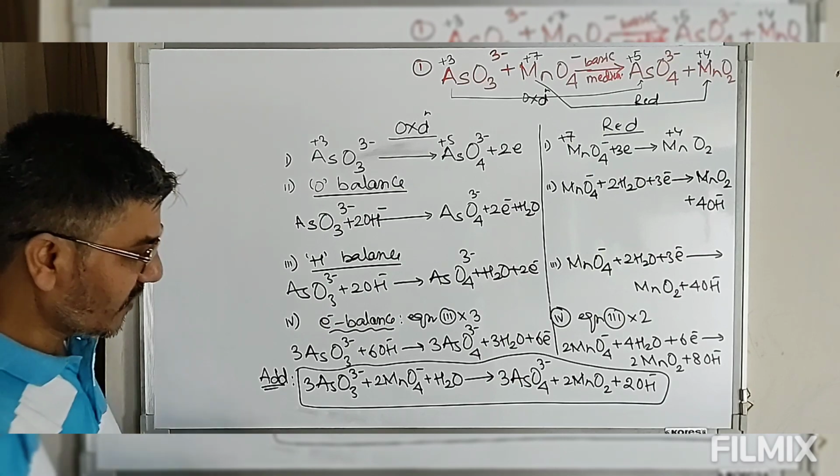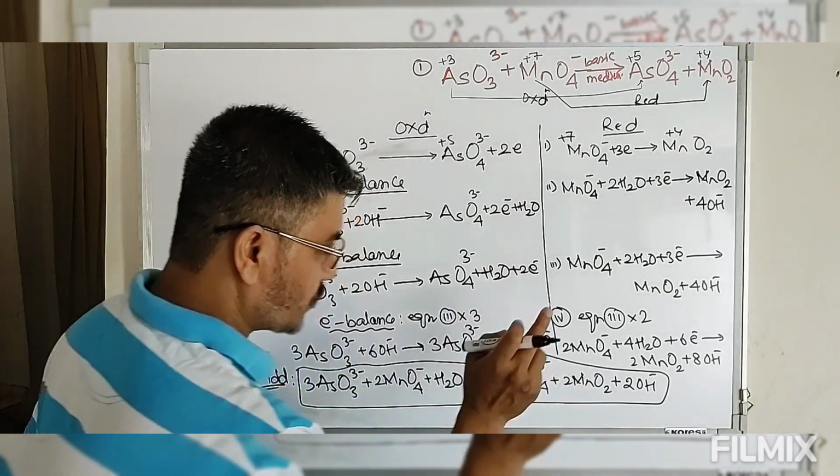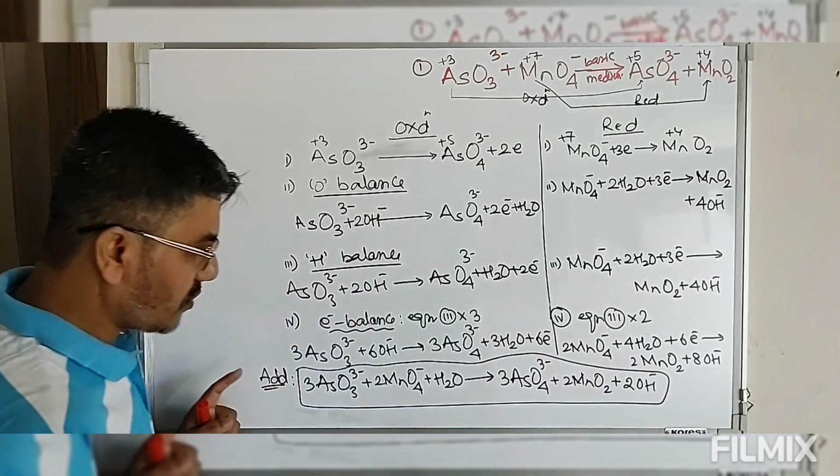We can also check: arsenic is 3, Mn is 2, hydrogen is 2 here, hydrogen is 2 here. Now let's count the oxygen.